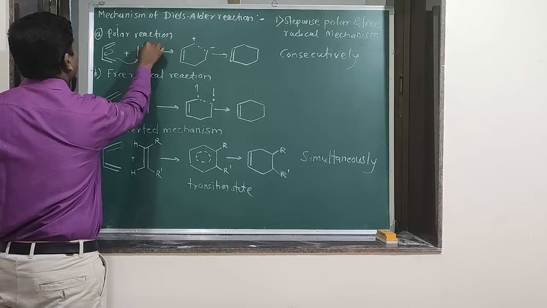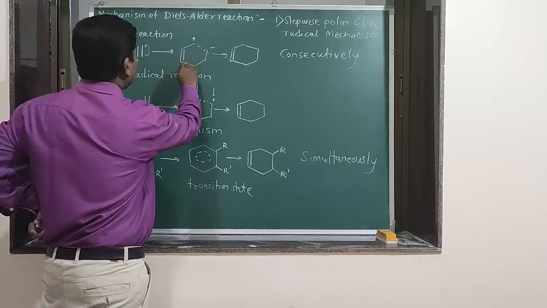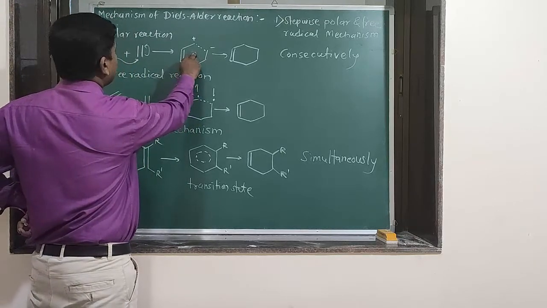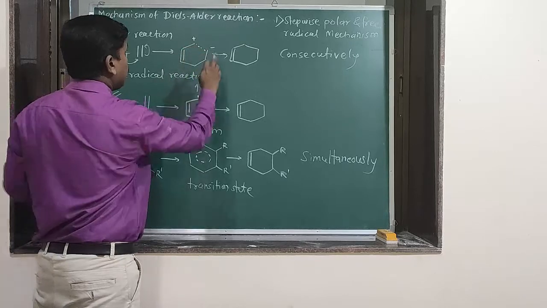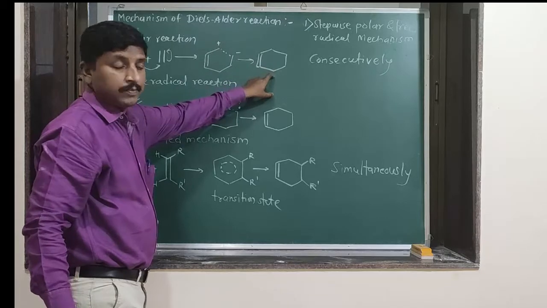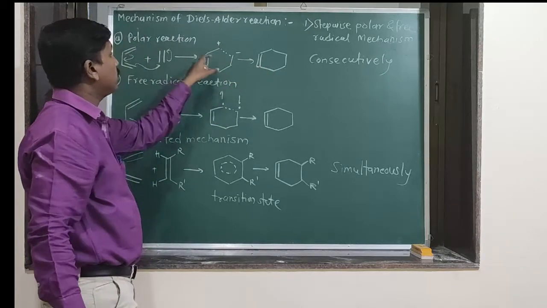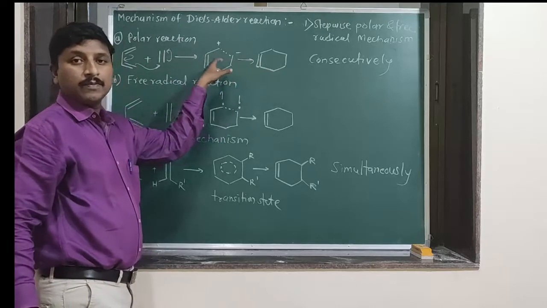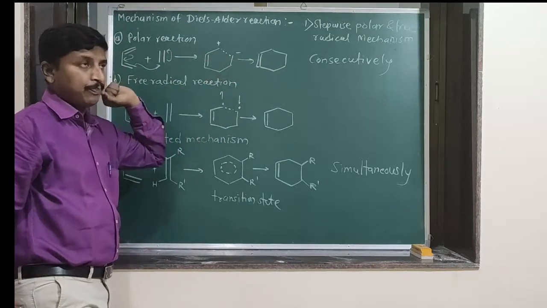So what happens? Such a structure is formed when this carbon achieves the positive charge and this one the negative charge. That means the diene forms a zwitterion, and next the cyclic product is formed. This reaction proceeds through a transition, that is, an intermediate is formed.